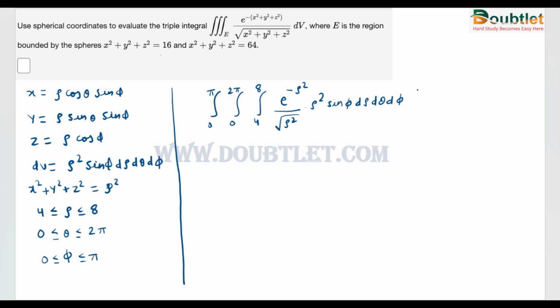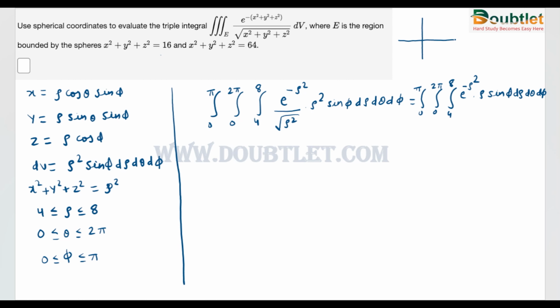If we solve this, it becomes the triple integral of e to the power minus rho square, where the square root of rho square cancels with one rho, so we get rho sin phi d rho d theta d phi, and the limits are the same: 4 to 8, 0 to 2 pi and 0 to pi.